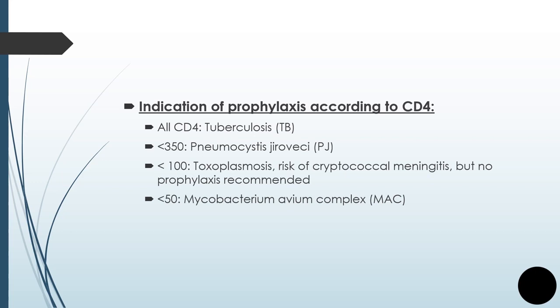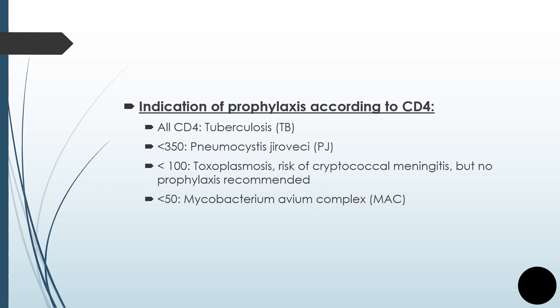For PJP pneumonia, it is recommended to start cotrimoxazole prophylaxis if the CD4 count is less than 350. At less than 100 CD4 count, prophylaxis for toxoplasmosis is recommended.